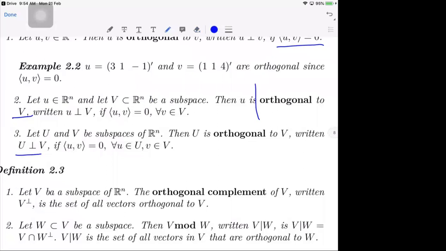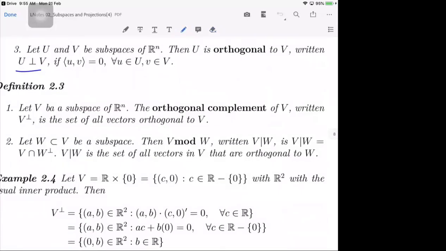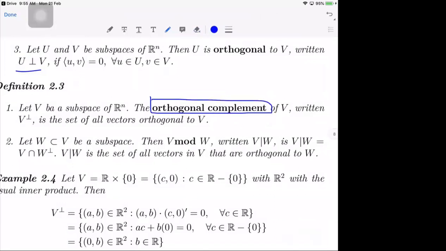Okay, and then we have another definition, the orthogonal complement of V. You still have V, which is a subspace of R^n.